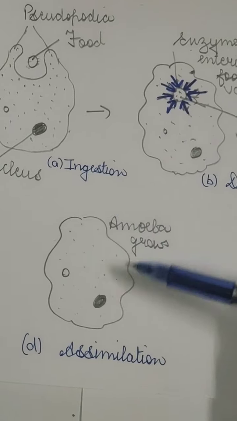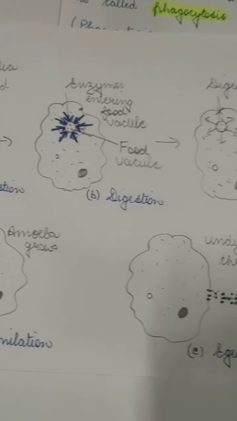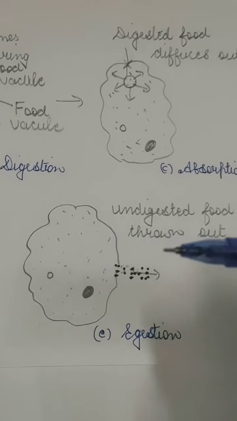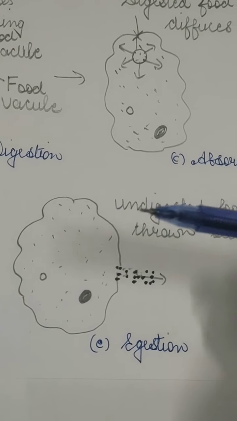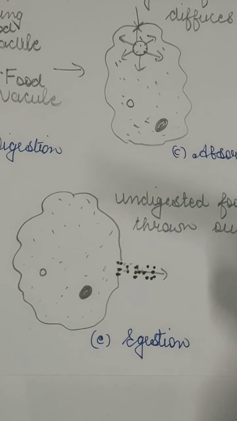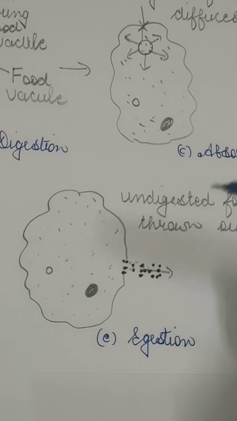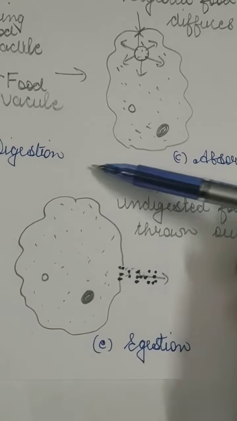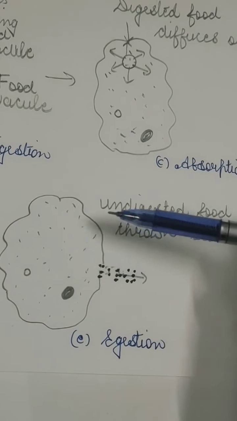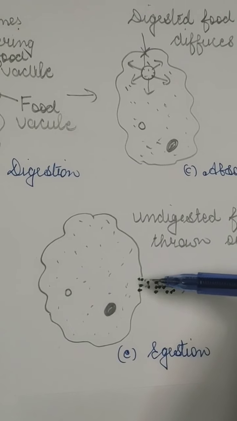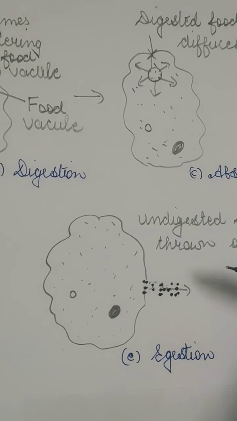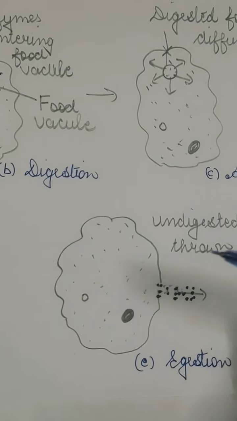After all the process is done, the extra remaining part, the undigested things, are thrown out of the body because they are waste. In the cell membrane there will be a rupturing, so from any end which is open, the waste is allowed to come out of the body of the amoeba and is thrown out.